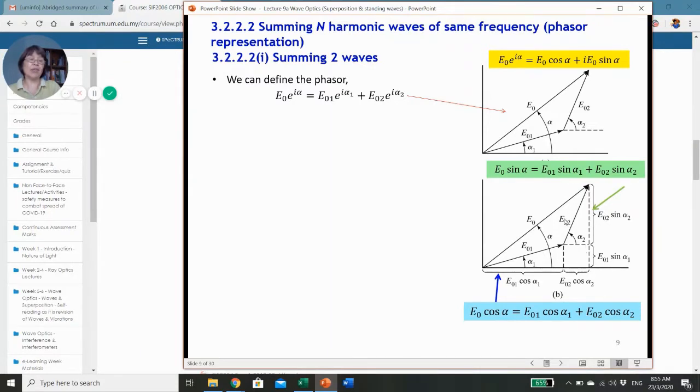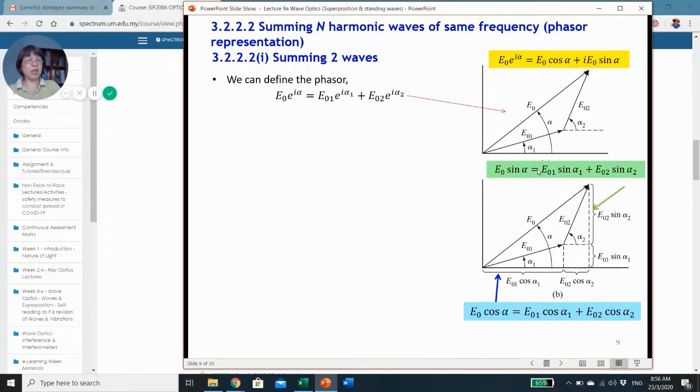And for E02 exponential i alpha 2, we will have this component E02 cosine alpha 2 and E02 sine alpha 2. So therefore, the resultant is represented by the real component and the imaginary component, whereby the real component is the summation of this and this.